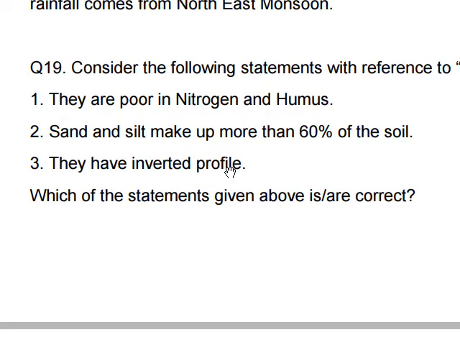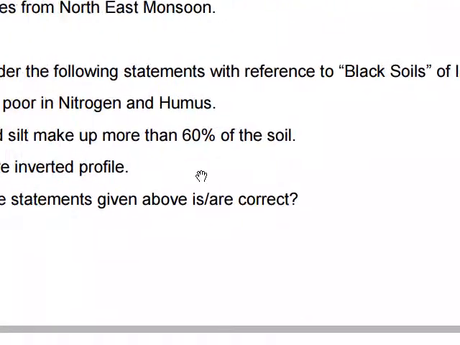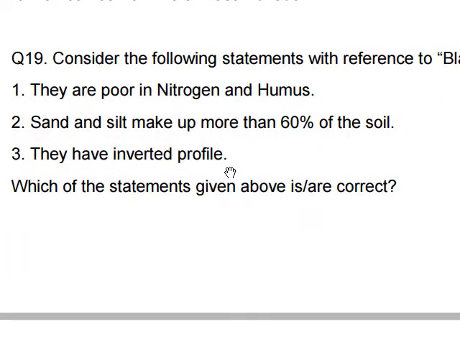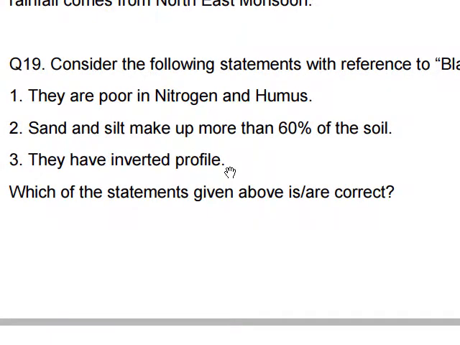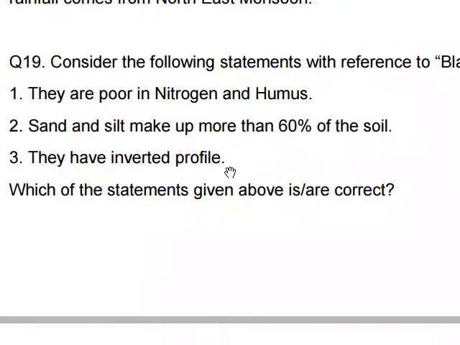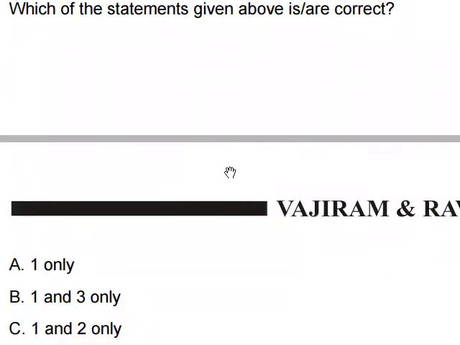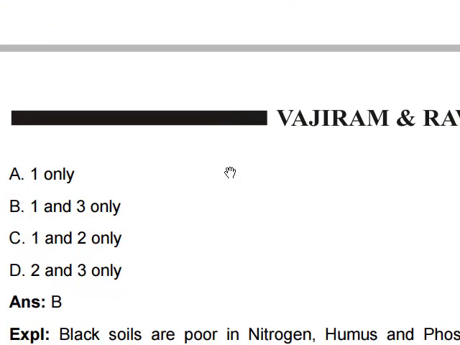It is correct. And they have inverted profile. It is correct. But second, sand and silt make more than 60% of the soil. No, two is wrong. Two is wrong means one and three. B answer.